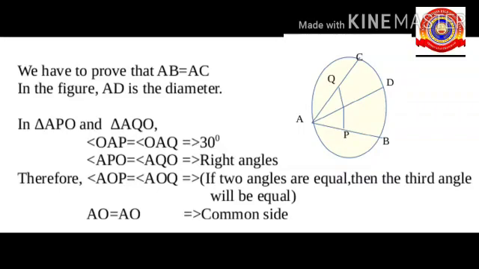Therefore, angle AOP is equal to angle AOQ because when two angles are equal, the third angle will be equal. Therefore, AO is equal to AO because it is a common side.